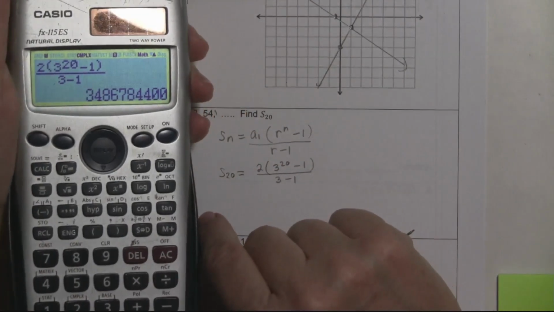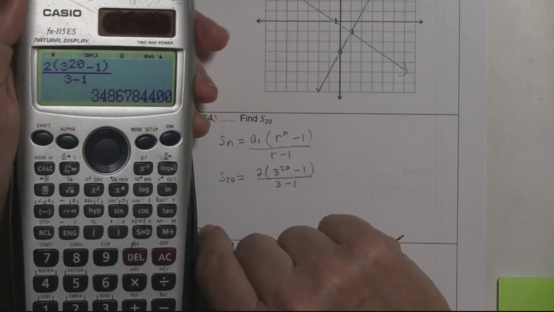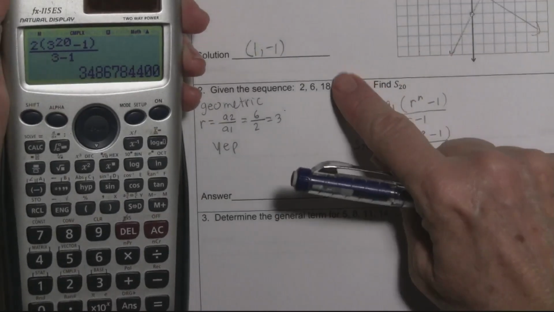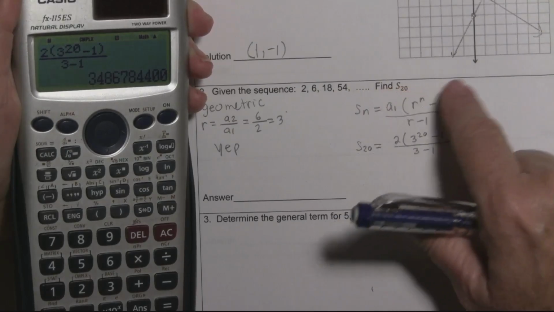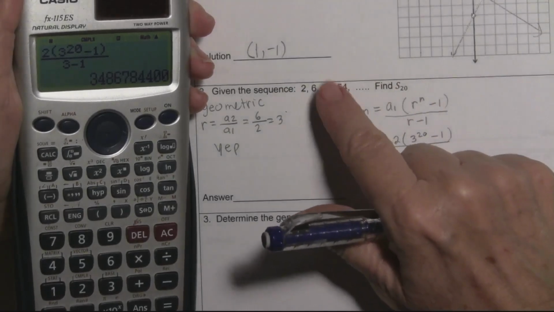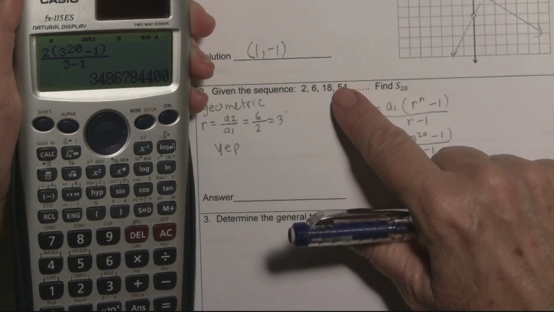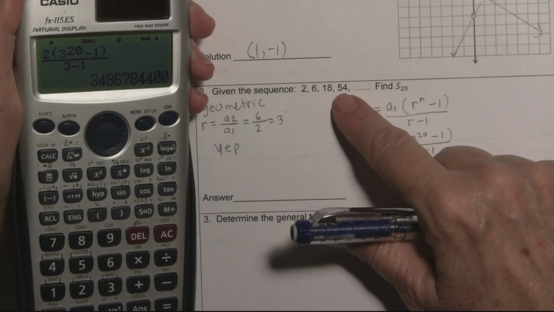And a lot of people were asking me in class, well, could that huge number be correct? And the answer is, well, think about it. If you just kept doing this, multiplying by 3 until you had 20 terms, and then you added them all together, well, right here at 54, they're not that large, but when you multiply that by 3, that's going to be 150 plus 12, 164 or something like that.